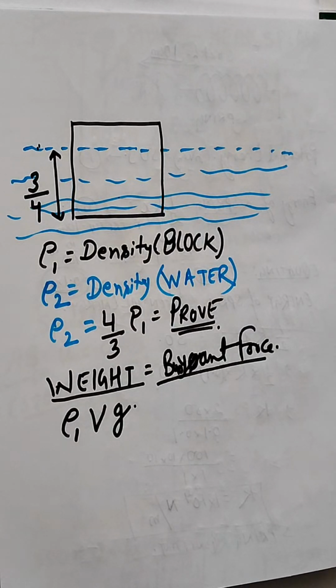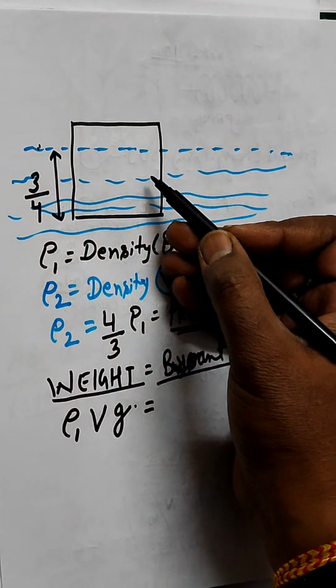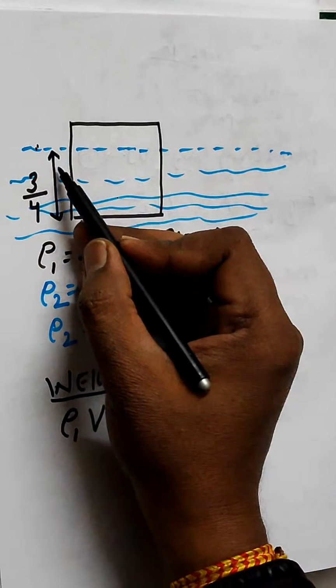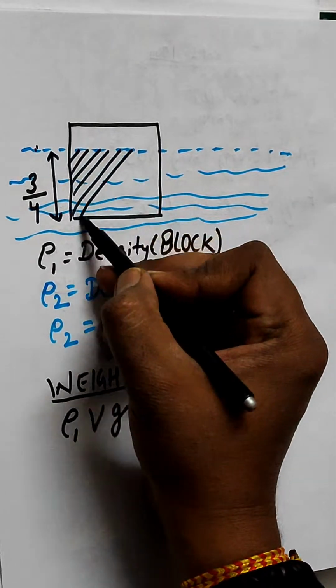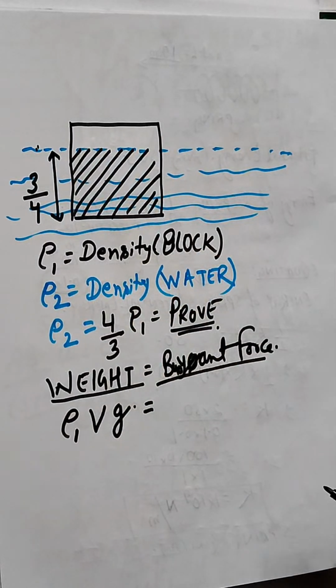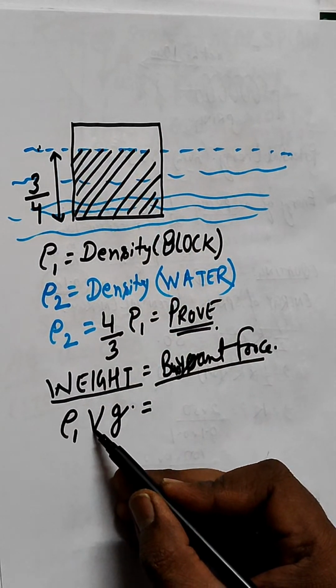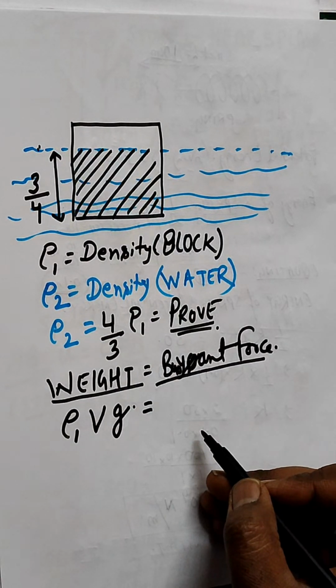And what is the buoyant force? The buoyant force will be applied on this block when this is 3/4 dipped. So you can see this is dipped by 3/4. The corresponding volume will be, in place of V, 3 by 4.